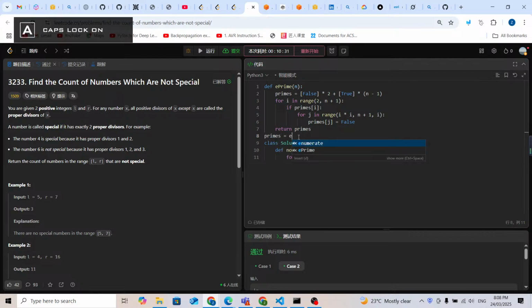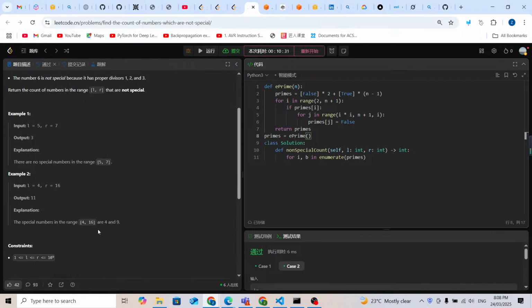Let's call the sieve function. We need to decide how many numbers are possible. Since the range goes up to 10 to the power of 9, we're going to use 10 to the power of 5, so 1 followed by 5 zeros. So this is our prime array, and we're going to check one by one.